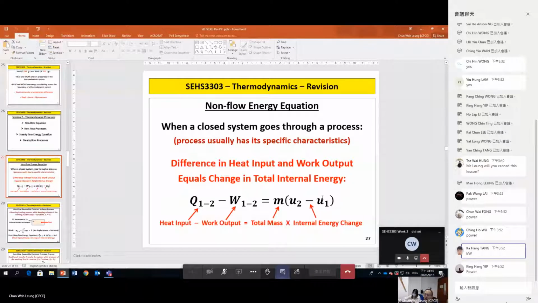So knowing how to find the properties of a working fluid usually helps us deal with this side. For example, if we are working with steam, water and steam, then U1 and U2 normally can be found from the steam table.